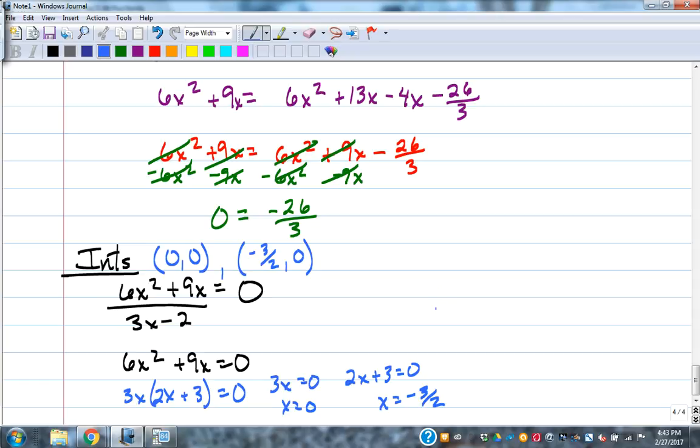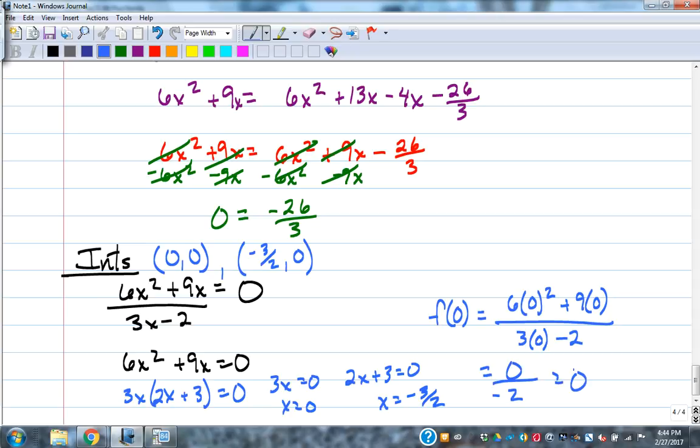And then if we find the y-intercept, let's plug a 0 in for x. End up with a 0 divided by negative 2, which is 0. So that's that one we've already listed, the 0, 0. So those are our intercepts for this graph: 0, 0, and negative 3 over 2, 0. The y-intercept and that other x-intercept, they're the same. So that's at the origin.